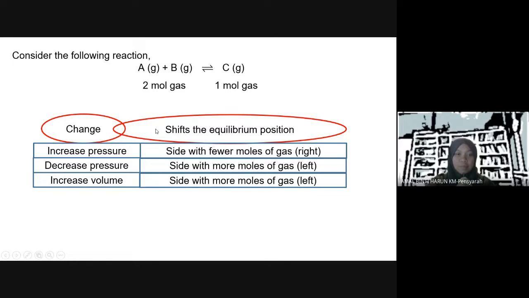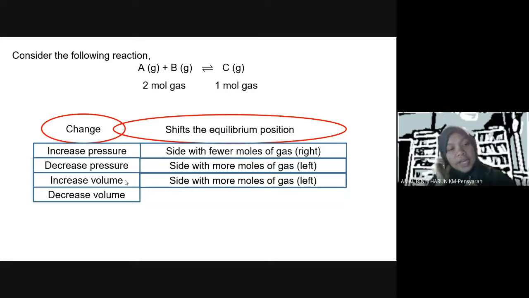Okay, I repeat, increasing volume will decrease the pressure. So disturbance dia adalah apa? Decrease pressure. Macam ni. So how to increase the pressure? We need to shift to the side which has high number of mole, which is shifting to the left.